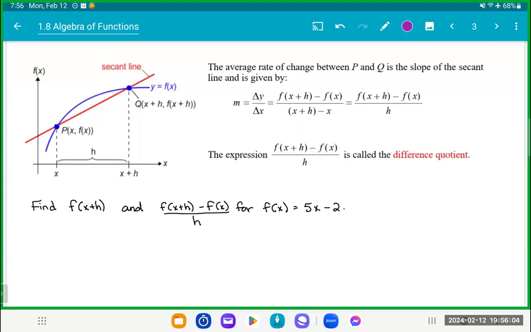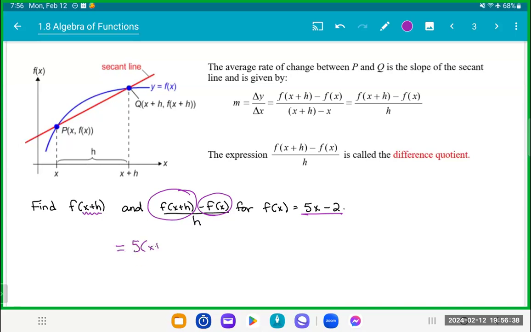So if I have this function here, 5x minus 2, everywhere I see an x, I'm going to substitute in x plus h. Then I'm going to do the whole equation again and substitute in just x, and put it all over h.